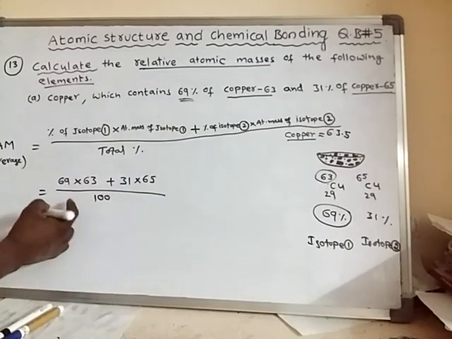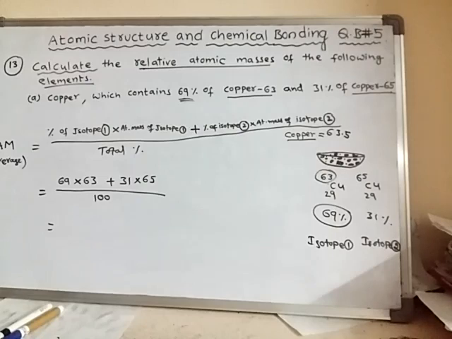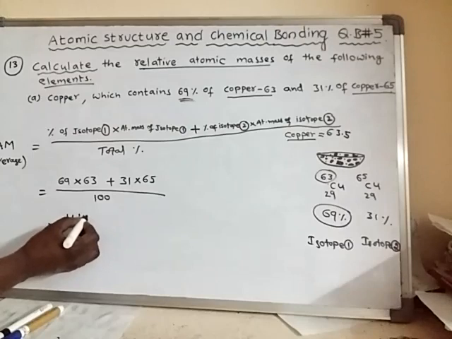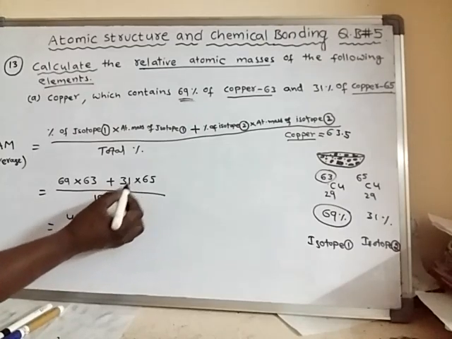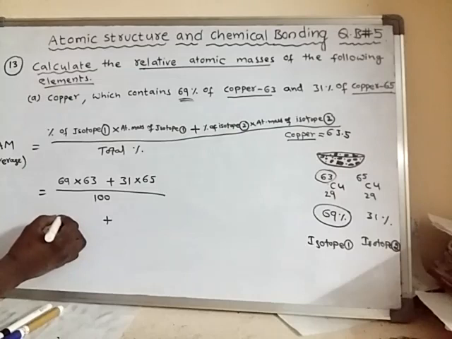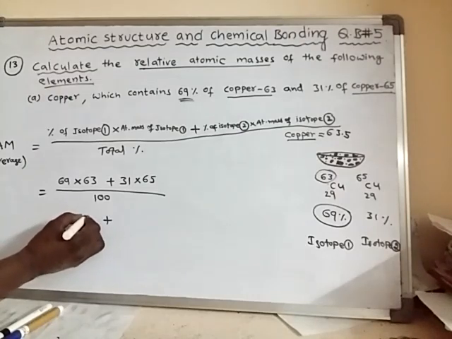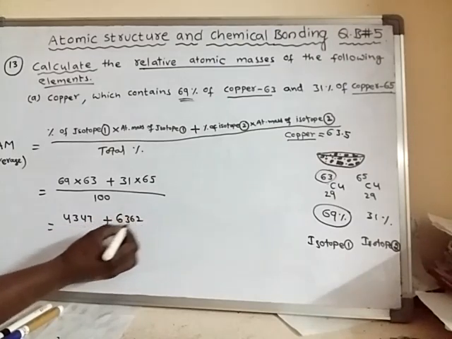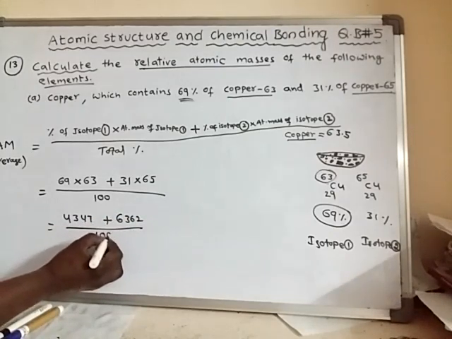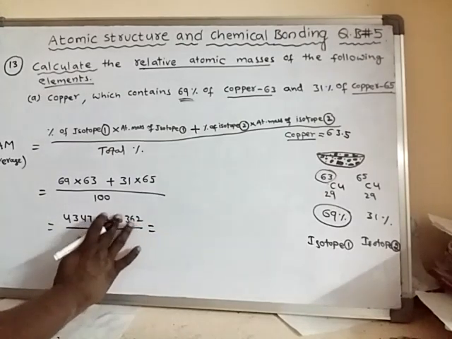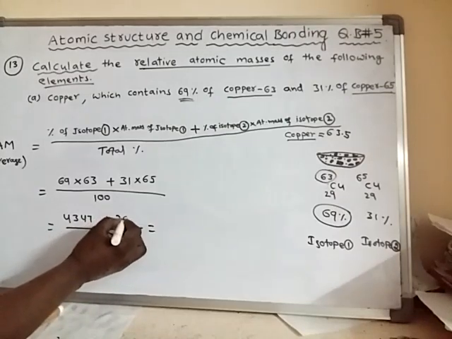Okay, so if you calculate this, this will be equal to 4140, and this one will be equal to 4347 and this will be 6362 divided by 100.